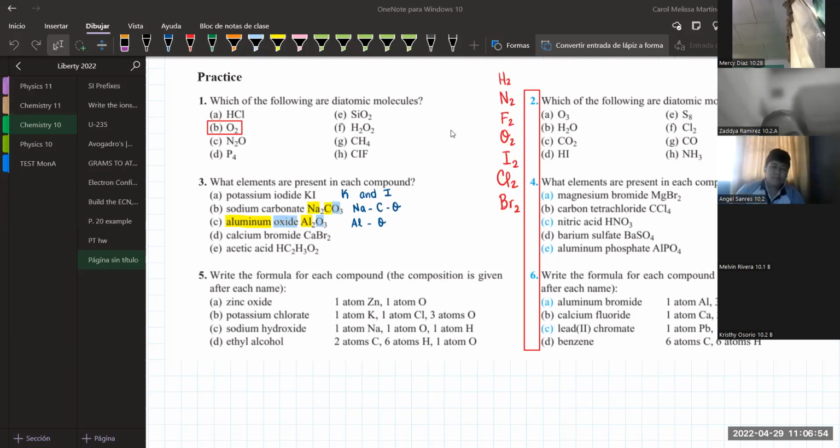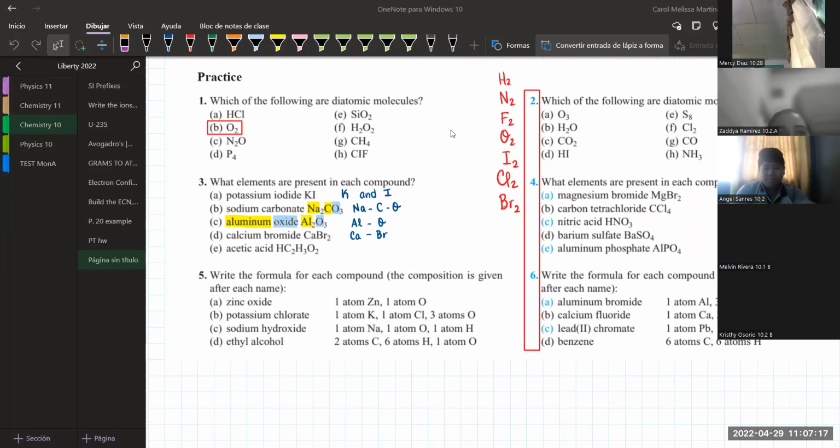Calcium bromide. How many elements are here? 2. What elements are those? Calcium and bromine. You say calcium bromide, but the element is bromine.